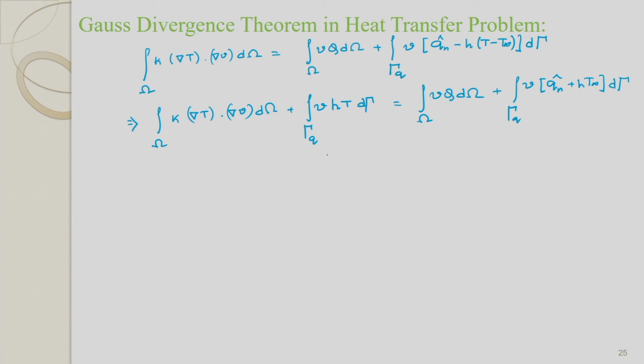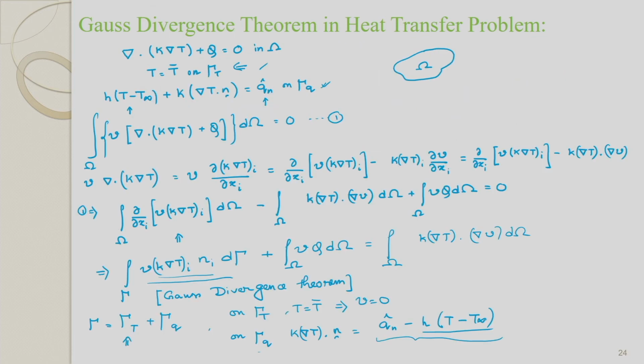So, this is our final variational statement. Here one important thing to note: we have started with the strong form, where there is a second derivative of the dependent variable T. Using Gauss divergence theorem, we have distributed the derivative between the variation and the dependent variable.